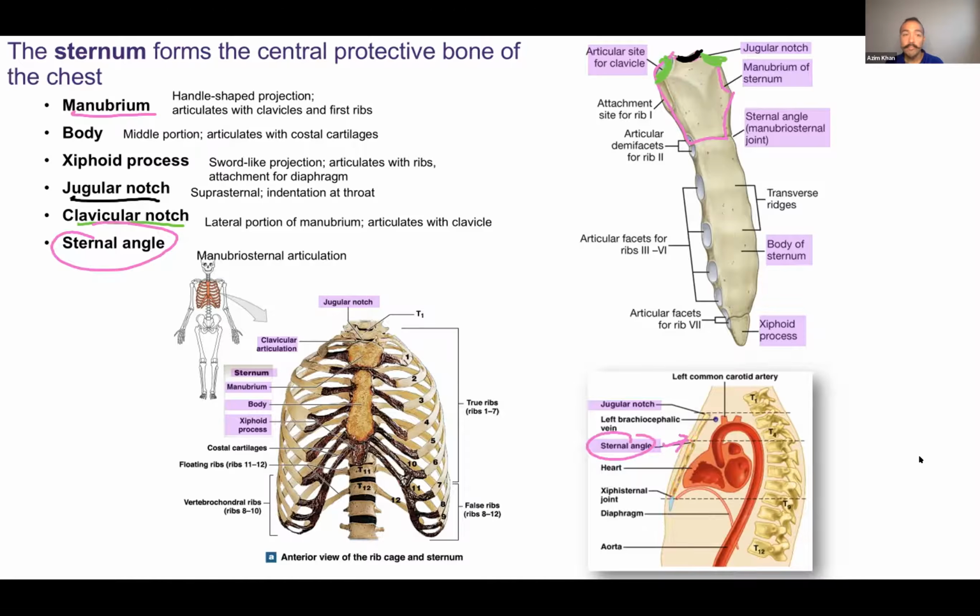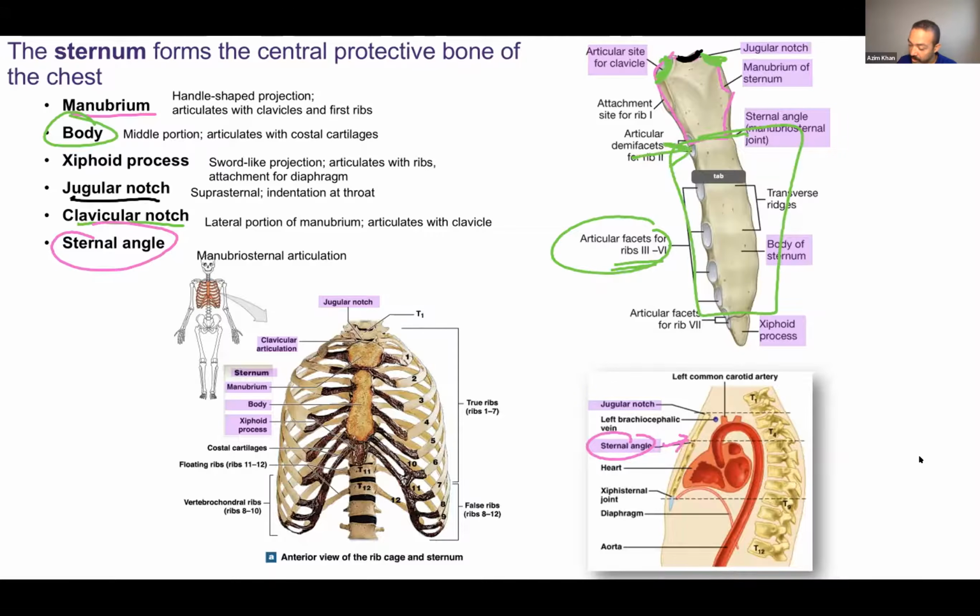The largest portion of your sternum is the body of the sternum. We've used that word a lot, body of vertebrae, body of the hyoid. Here's the body of the sternum. It's the middle portion. It has most of the articulations for your ribs.